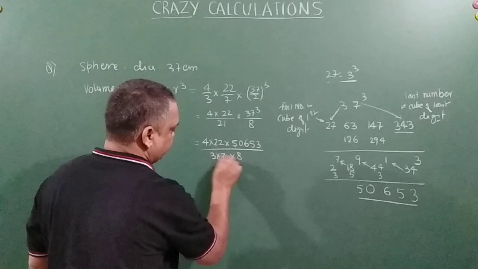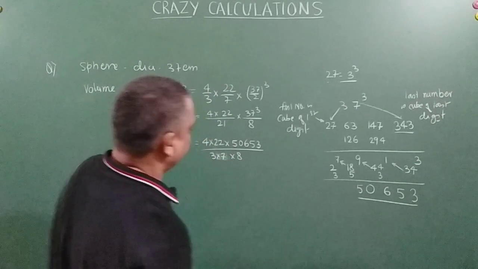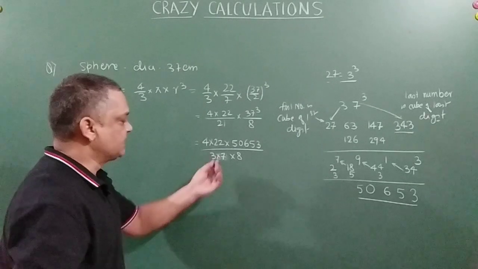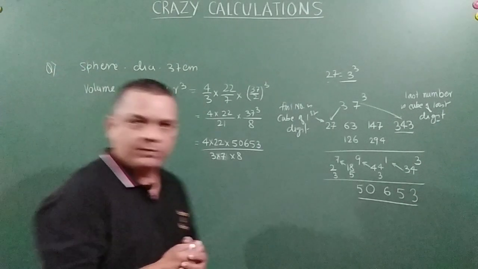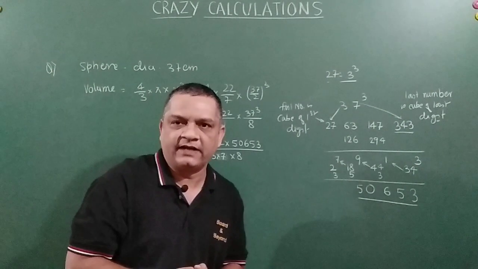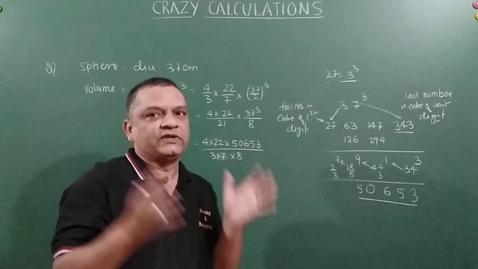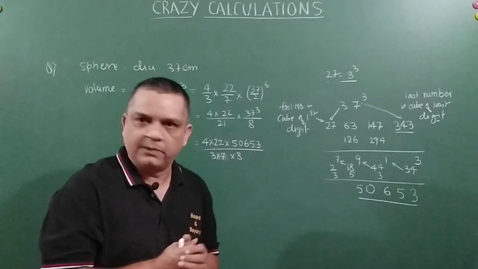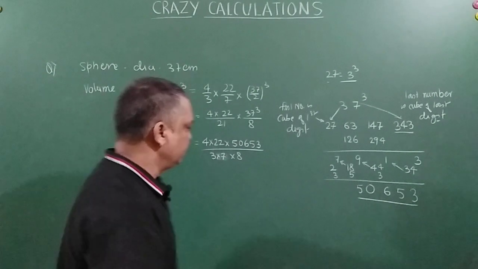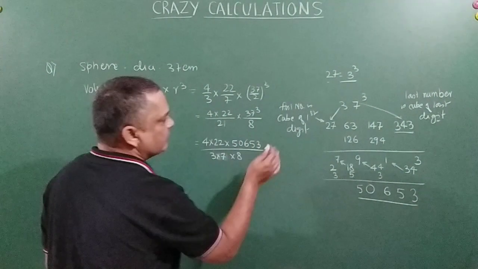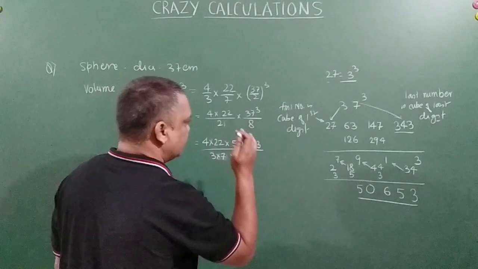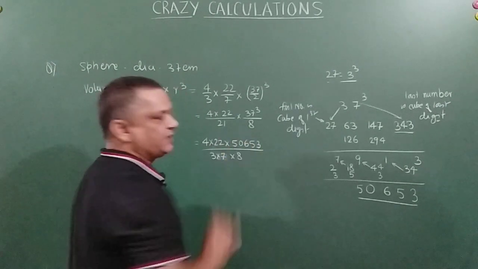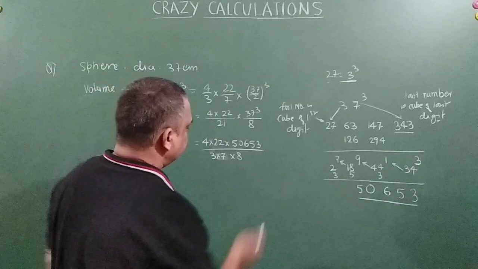We will try to find out whether 50653 is divisible by 3. Divisibility by 3: if the sum of the digits of the number is divisible by 3, then the entire number is divisible by 3. So 5 plus 6, 11 plus 5, 16 plus 3, 19. 19 is not divisible by 3, so this number is not divisible by 3.